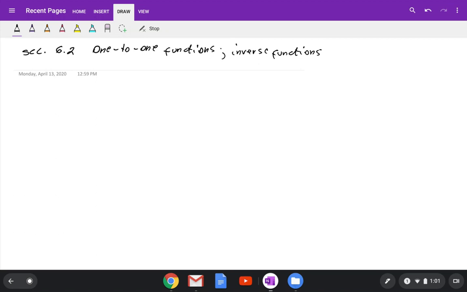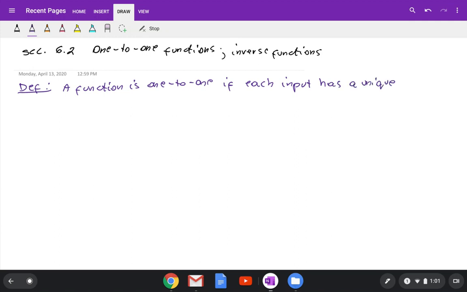Okay, so let's start with the definition. A function is one-to-one if each input has a unique, different output.